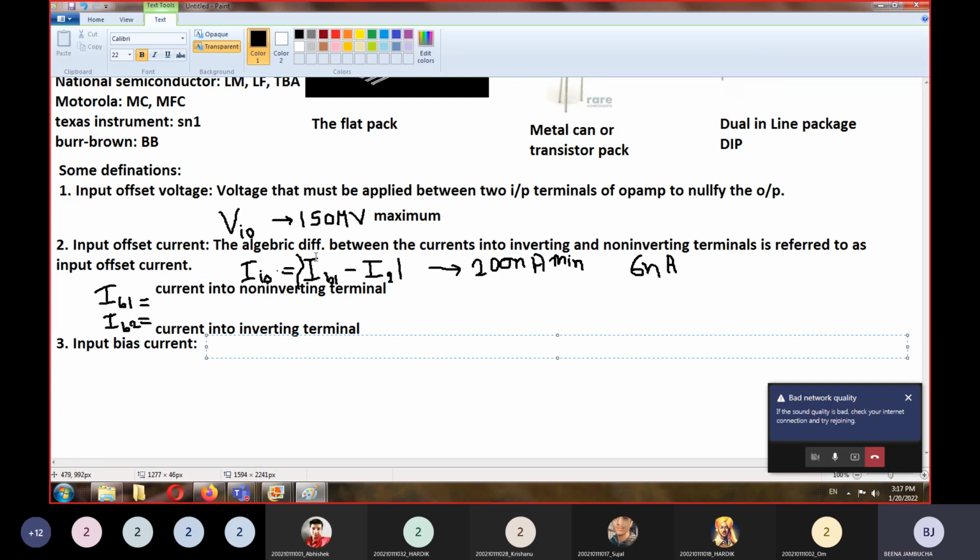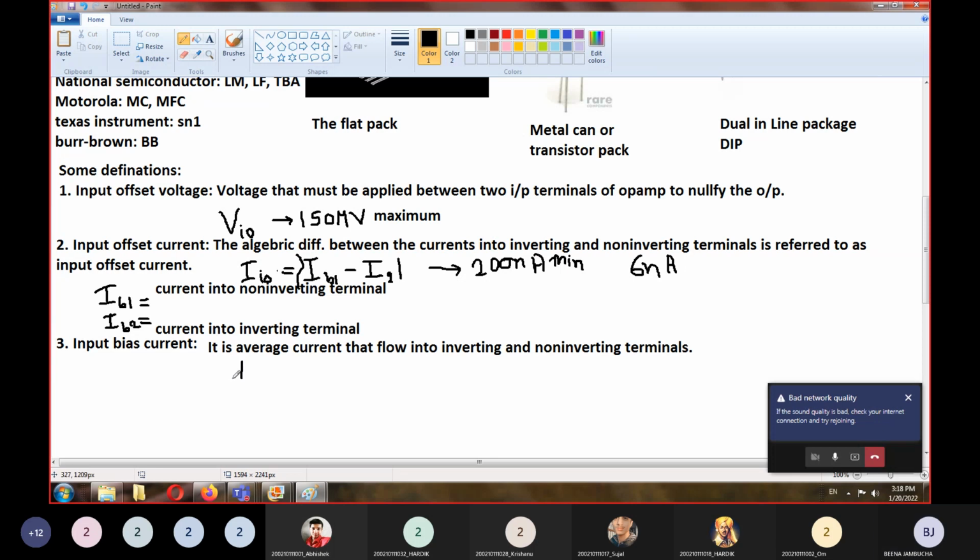It is the average current into inverting and non-inverting terminals, and this is denoted as IB, I with suffix capital B. And this value is given as IB1 plus IB2 divided by 2.